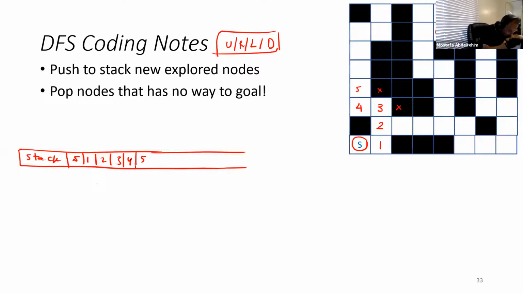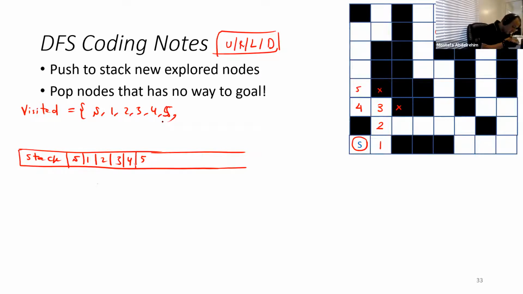And I forgot something in here. We need to make an array. It's called the visited node array. So until this moment, we visited S, 1, 2, 3, 4, 5. This is really important, as we will see later in this example, and of course in our MATLAB coding.